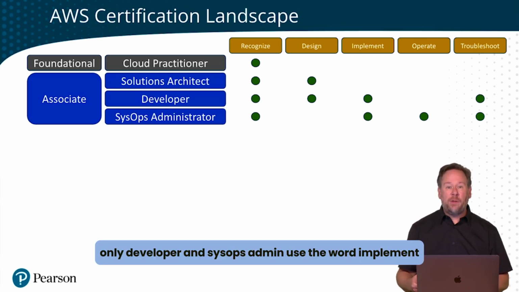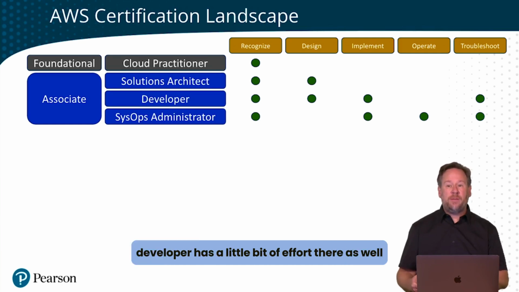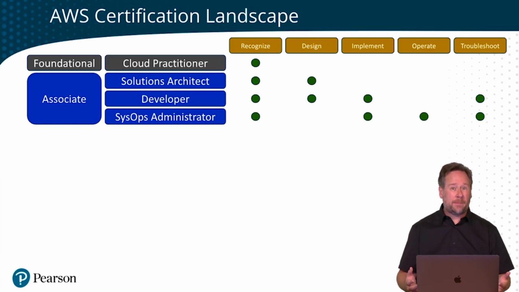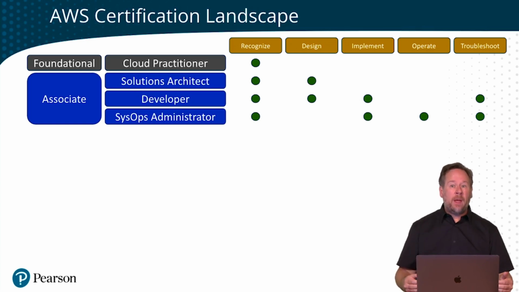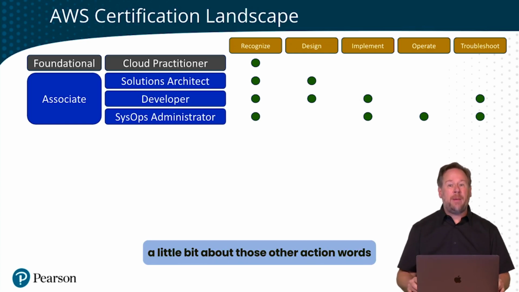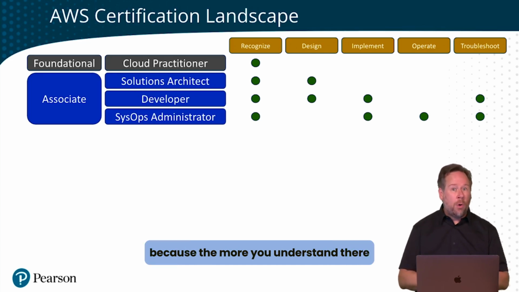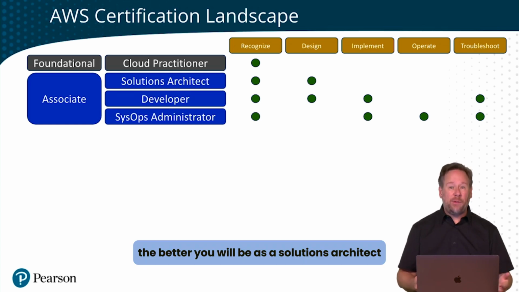Only Developer and SysOps Admin use the word implement, and then SysOps is represented alone in the word operate, and then troubleshoot, Developer has a little bit of effort there as well. But notice Solutions Architect is really only using the word design. What I am going to do in this course, however, is we're going to talk a little bit about those other action words of implement and operate, because the more you understand there, the better you will be as a solutions architect.